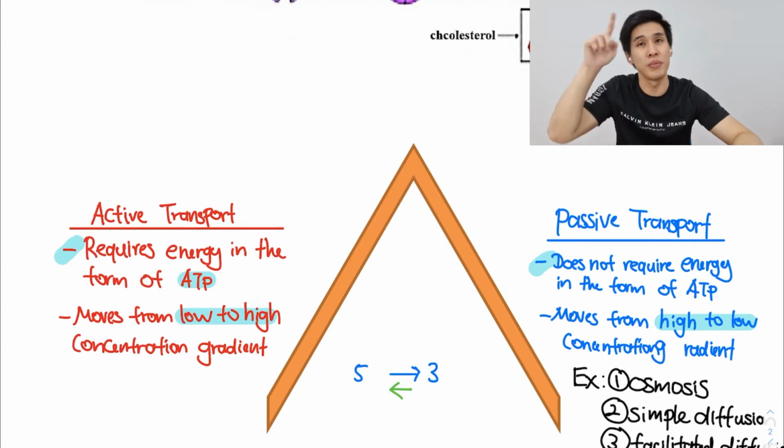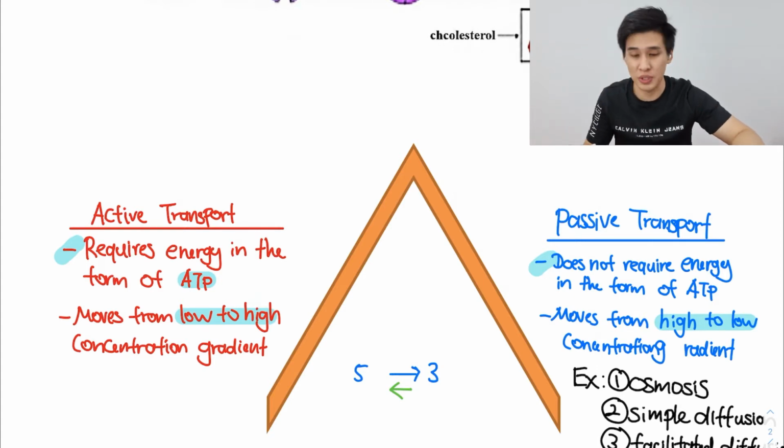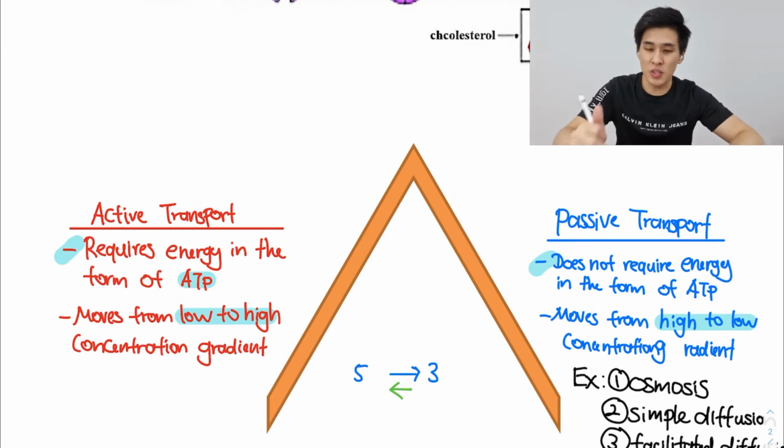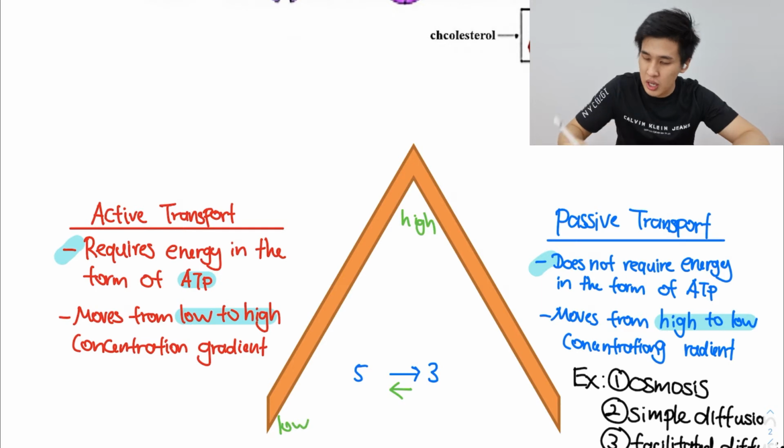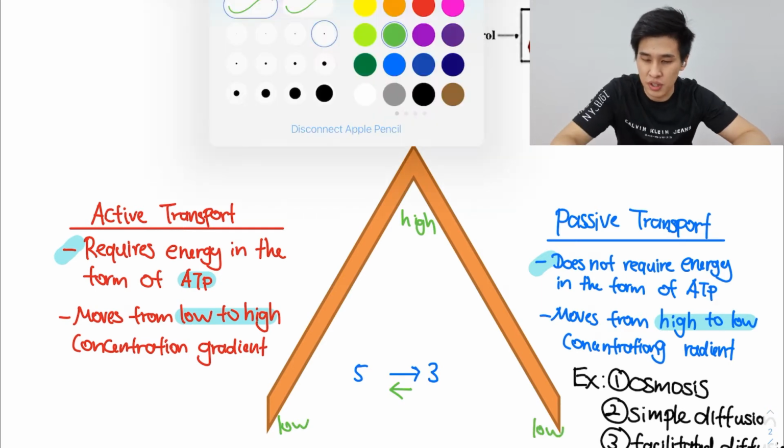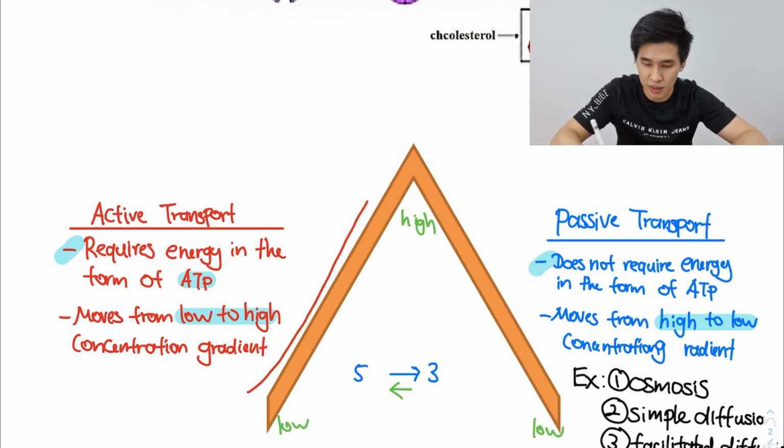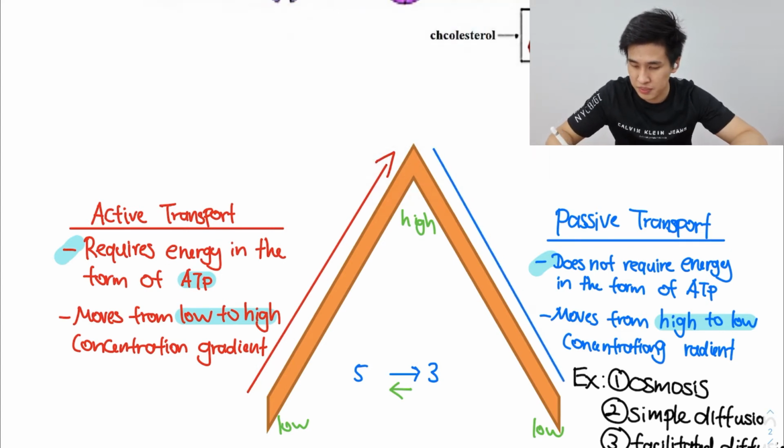Now, this triangle in the middle is meant to be a mountain structure. It's going to help us remember passive and active more easily. So this mountain, here is high, here is low. Imagine yourself in two situations: going up the mountain on a bike, and then using the same bike going down the mountain.